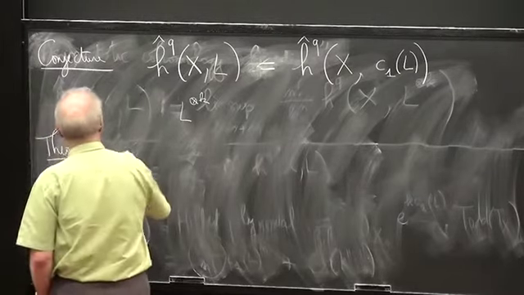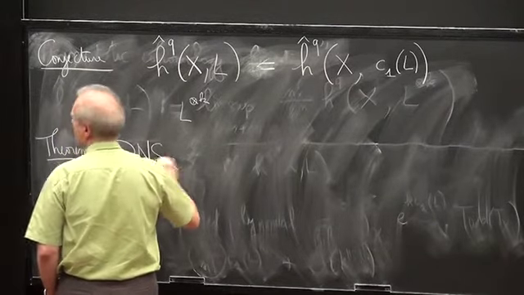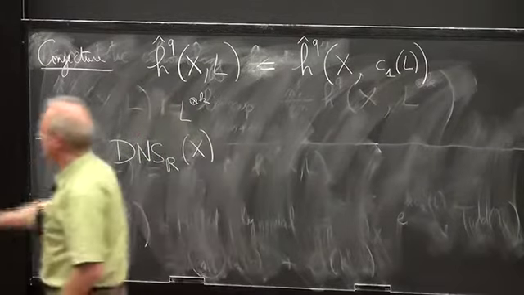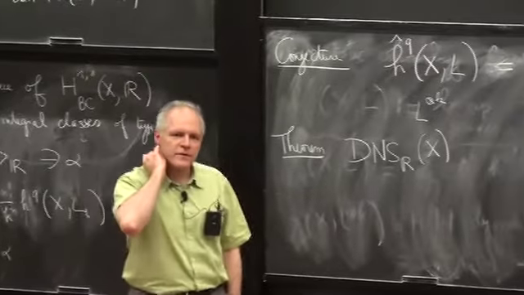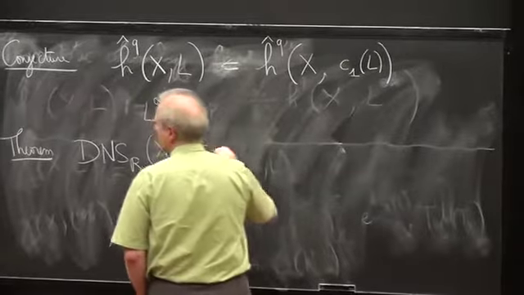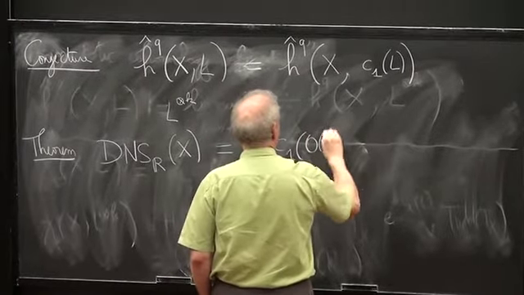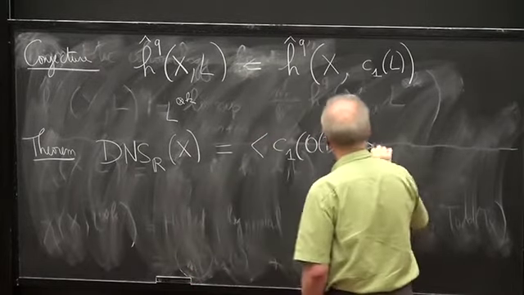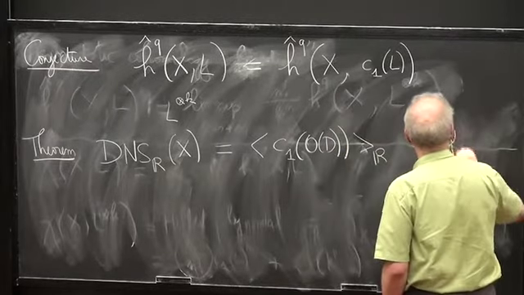So I will introduce the divisorial Néron-Severi space. So instead of picking all line bundles, you pick only the effective divisors. So take the real span, where D are effective divisors.